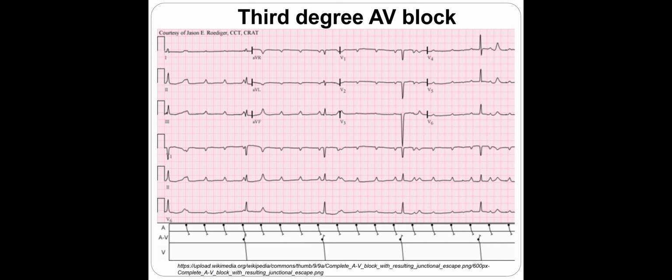For example, ask the patient to wake up and do some exercise, and look at only the pulse of the patient. Because if the patient has the third degree, the pulse won't change at all. However, when you do have a connection between the atrium and ventricle, yes, you will have an acceleration of the heart rate.